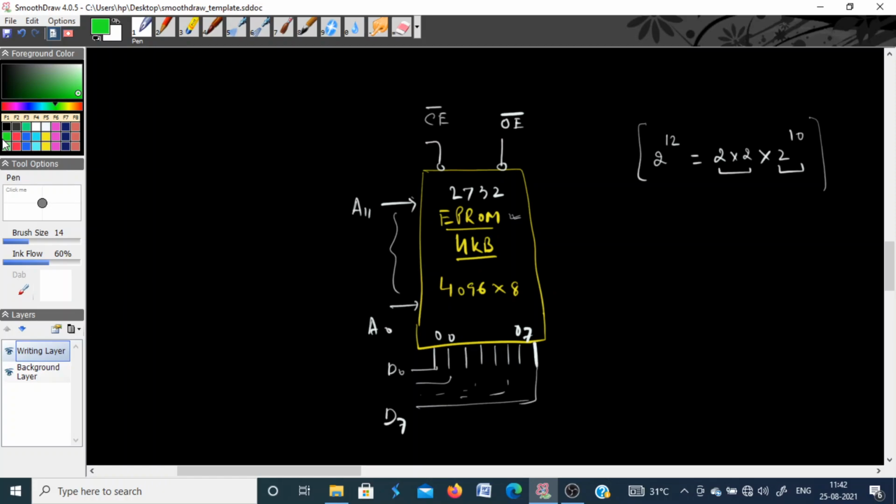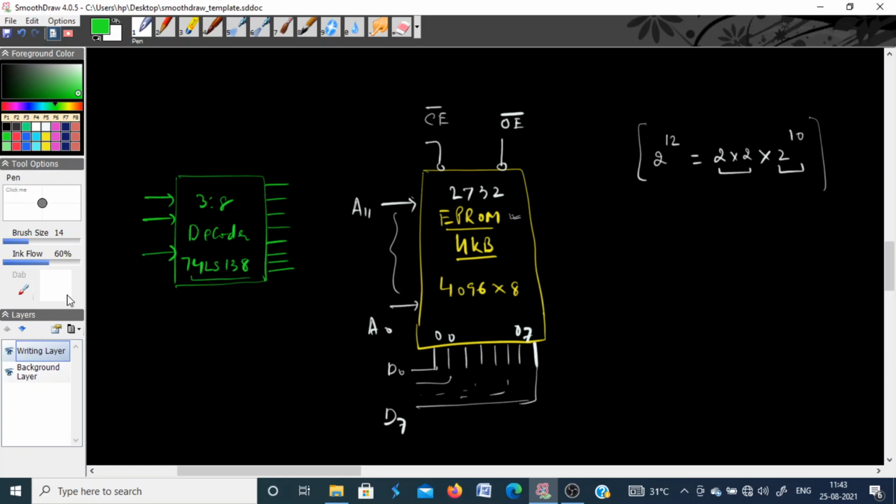Okay, so if you use a 3:8 decoder, you have 3 inputs and 8 outputs. So we are using a decoder here, which is 74LS138.